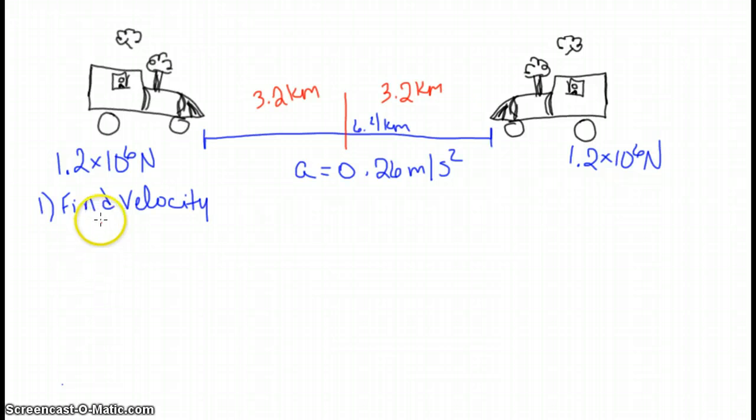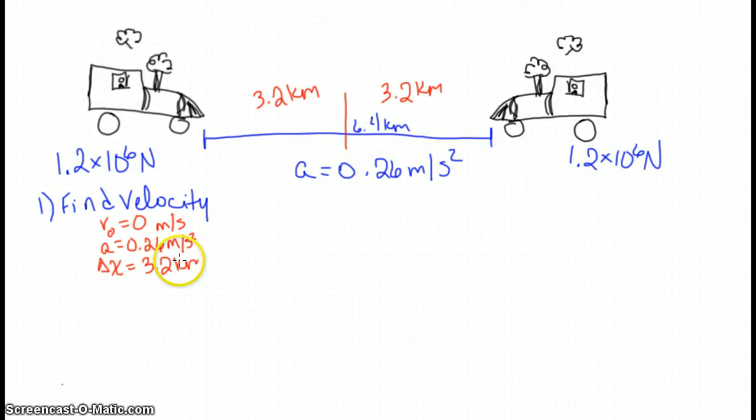So in order to find the velocity, we have the initial velocity is 0. We have that the acceleration is 0.26 meters per second squared. And we know that the change in the position is going to be 3.2 kilometers. From that, we could use v squared equals v naught squared plus 2a change in x, because that way we don't have to find a time.